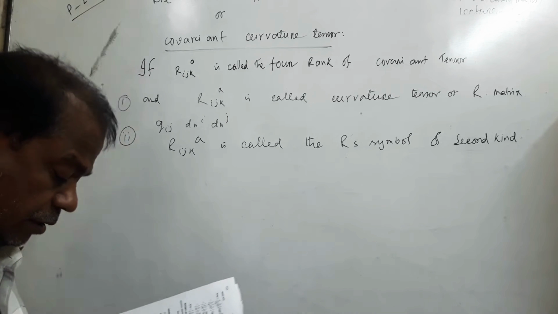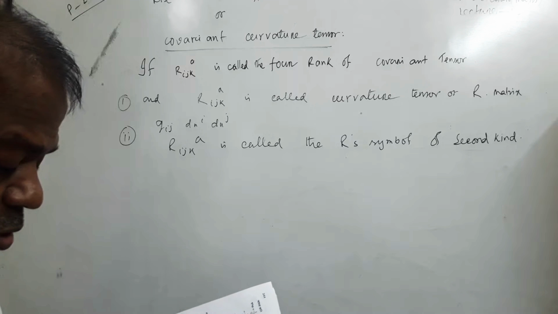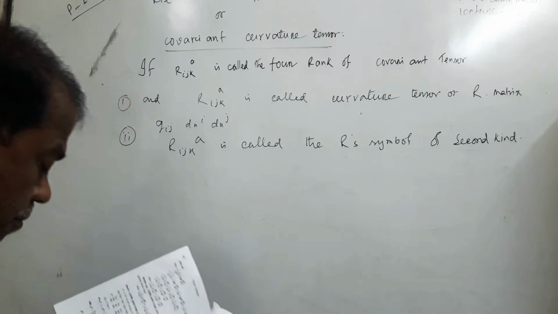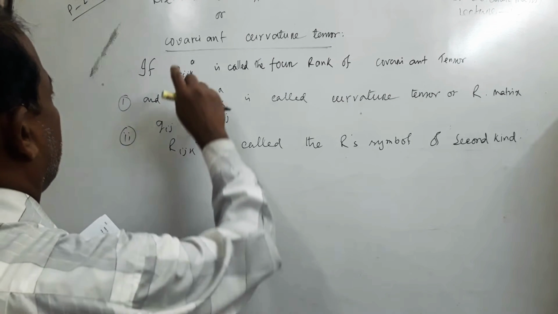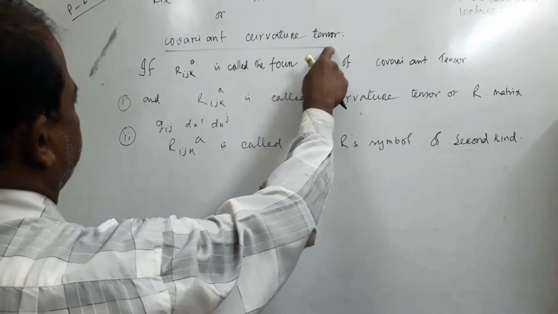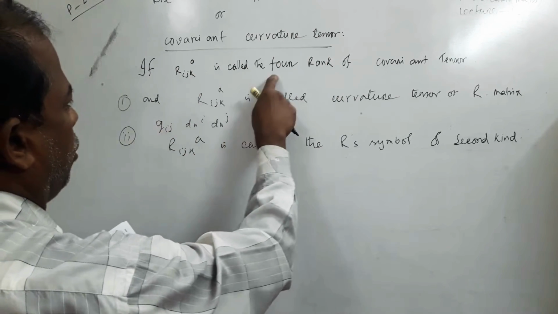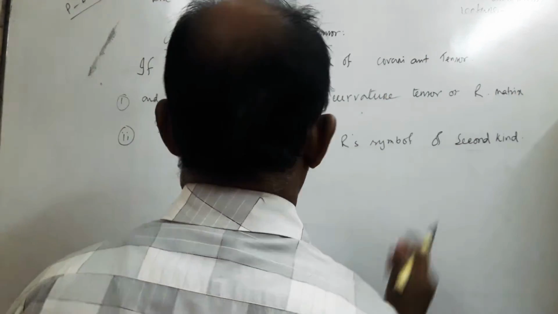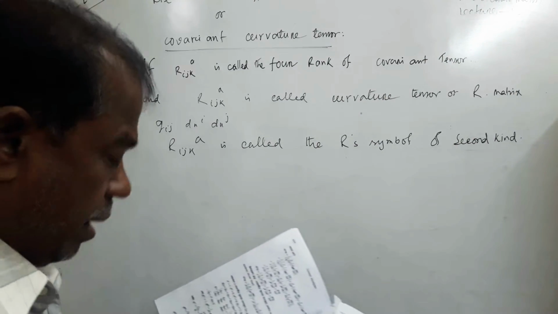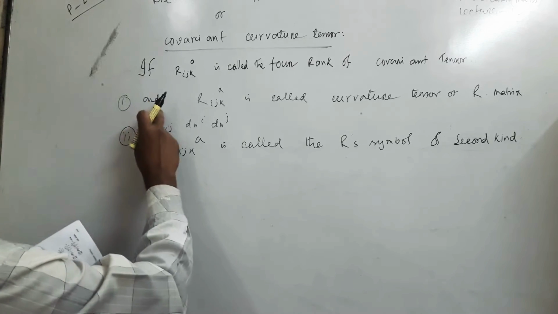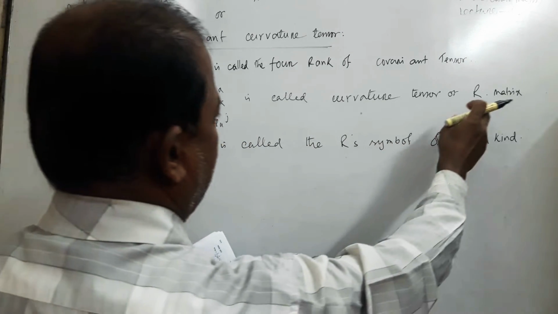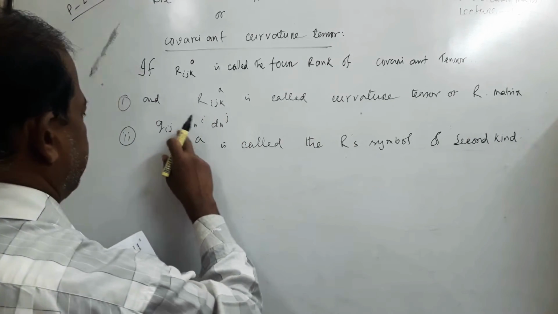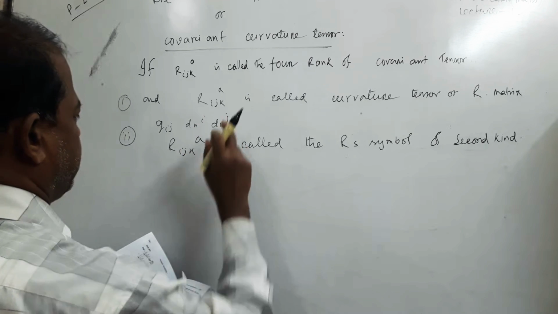So I think you have to remember this theorem. Firstly, if F is called the rank 4 covariant tensor, then F is called the curvature tensor or Riemann matrix Gij dxi dxj.